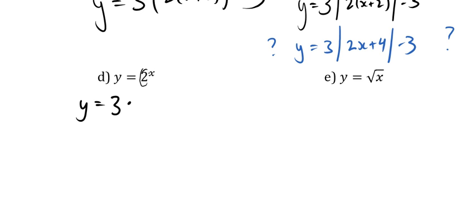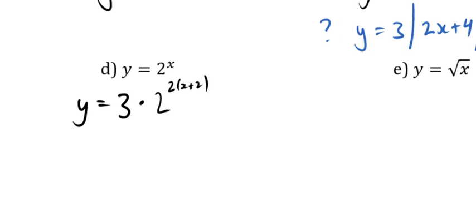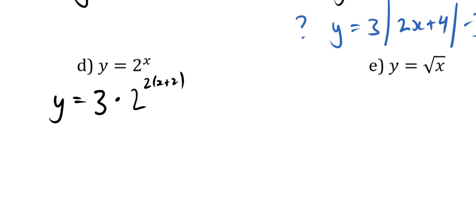We lump all exponential functions together because they have similar properties, but changing the base changes the parent function. So that's still just 2, right? That's never going to change. And then what's going to be my exponent? That's 2x plus 2. And then what is it? Minus 3.